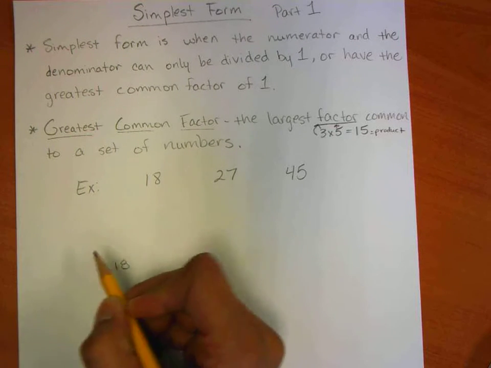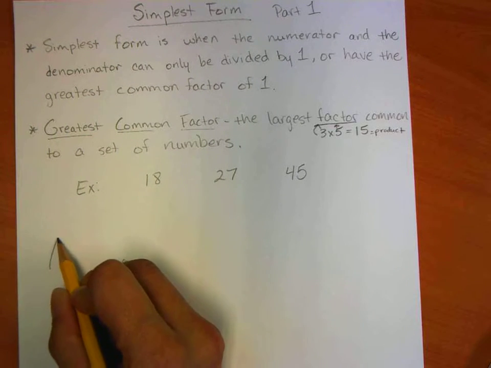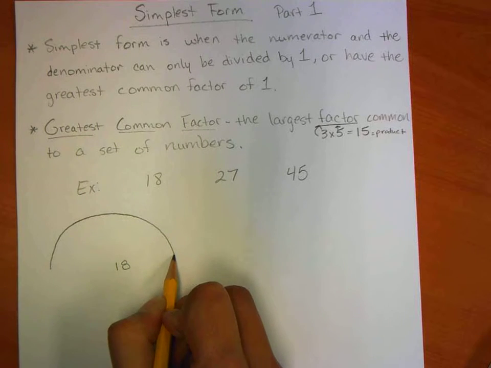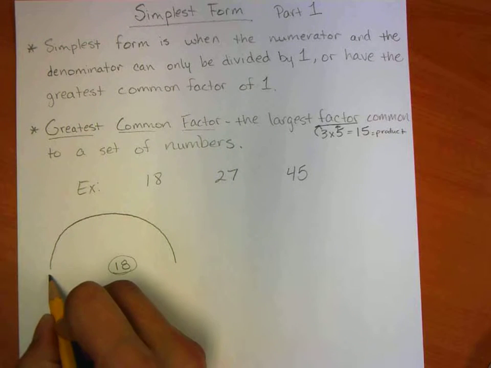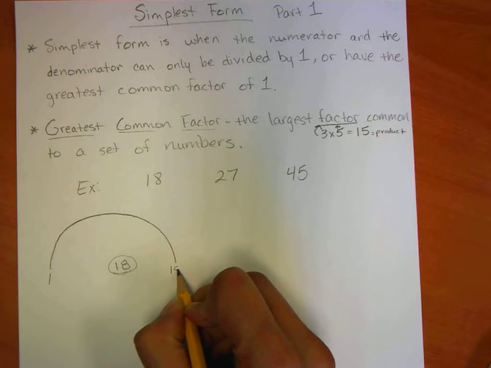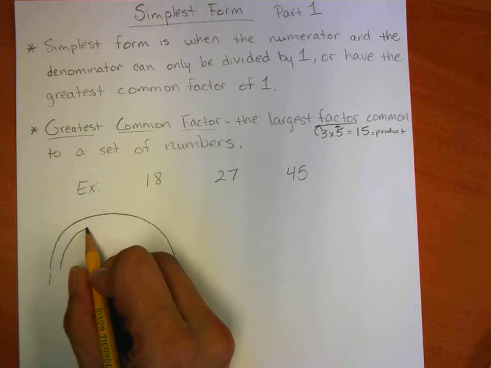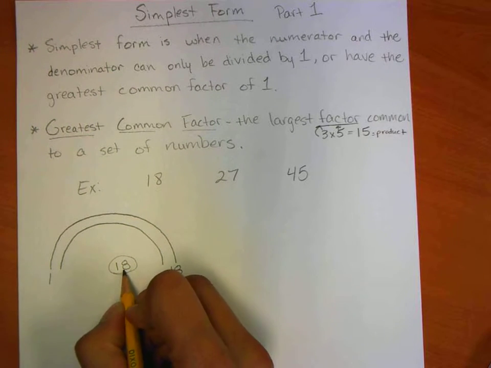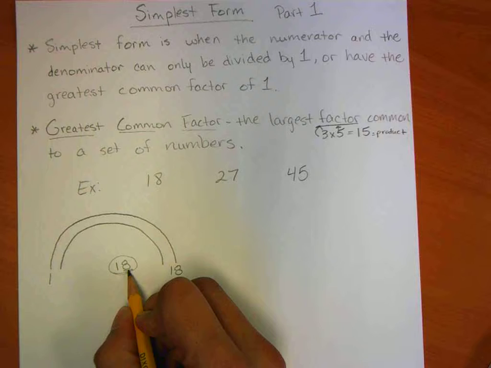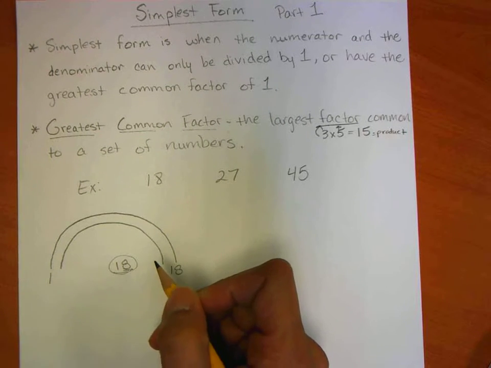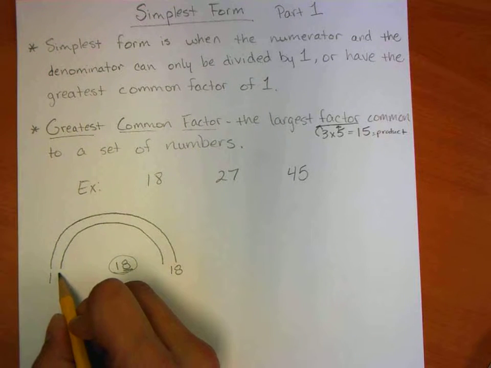18. When we make a factor rainbow, we choose all of the numbers that could give us the number we're looking for. We know that 1 times anything is that anything, so 1 times 18 is 18. I also know that if a number ends in an even number, such as 8, then 2 could get me to that number.